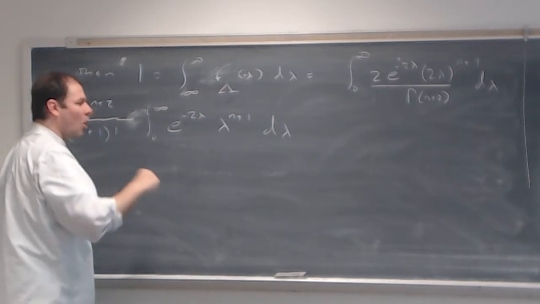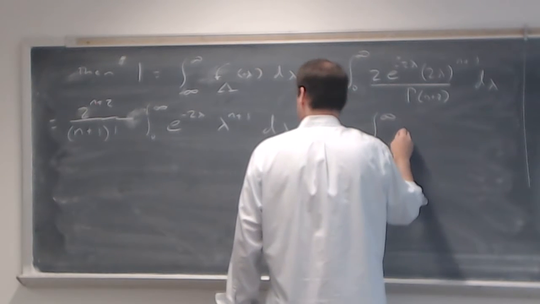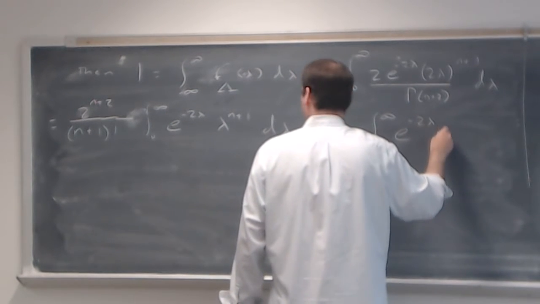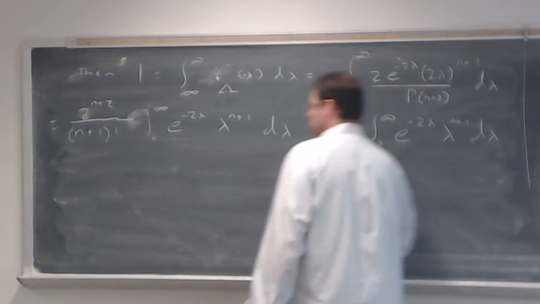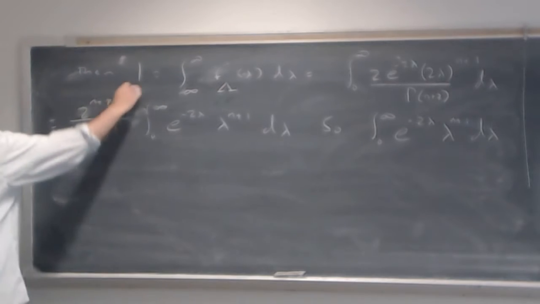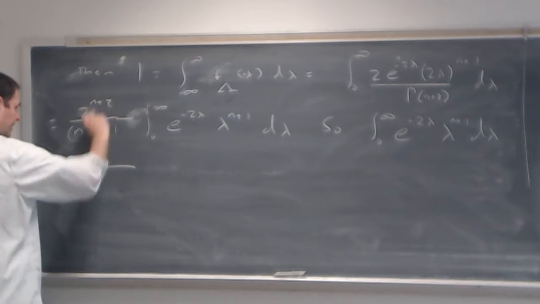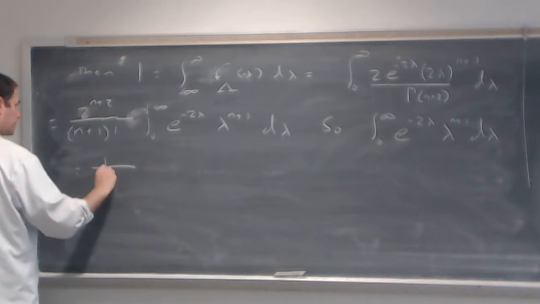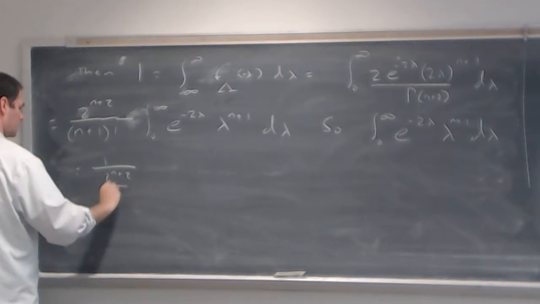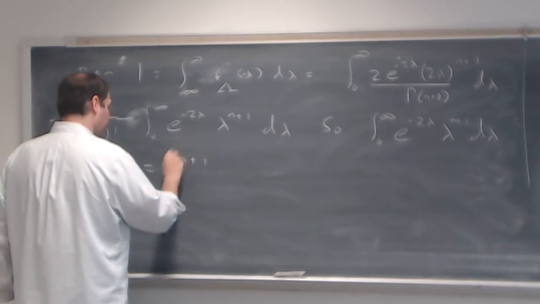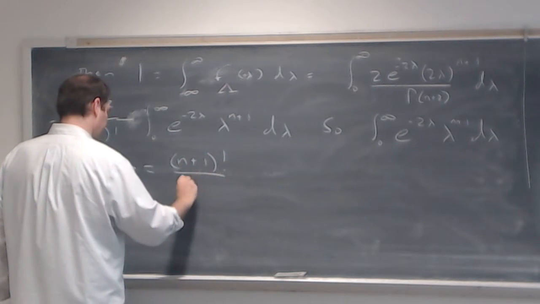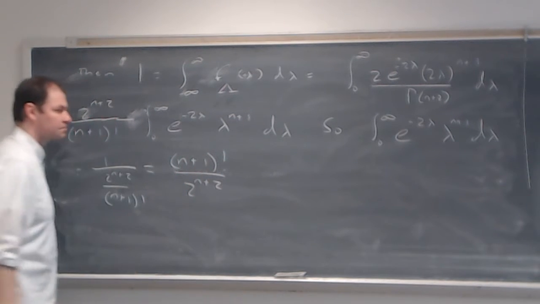Well, that's the integral we want. So the integral from 0 to infinity of e to the minus 2 lambda, lambda to the n plus 1, d lambda, has got to be equal to 1 divided by this, which equals n plus 1 factorial over 2 to the n plus 2.